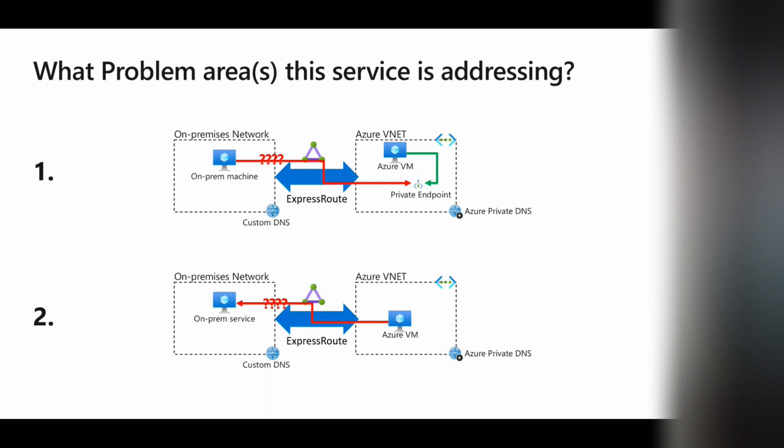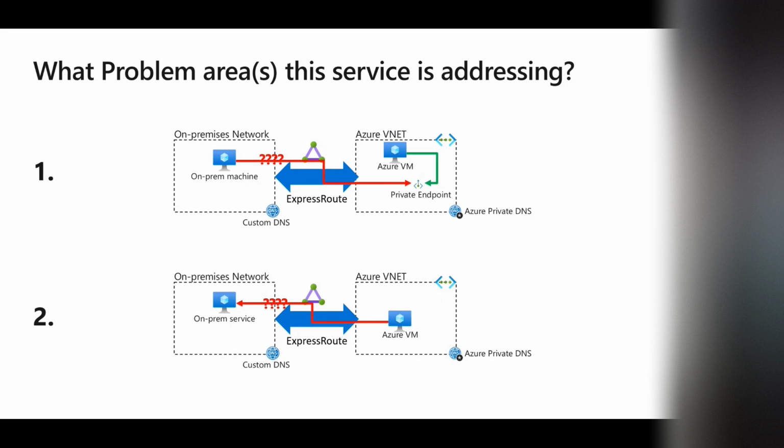But let's say that this VNet is connected to on-prem through ExpressRoute or site-to-site VPN, and from on-prem there is a VM or a machine that needs to access those private endpoints. Basically, it needs to do the name resolution through the FQDN. How will that work? You will have to go to your custom DNS and set up those FQDNs.